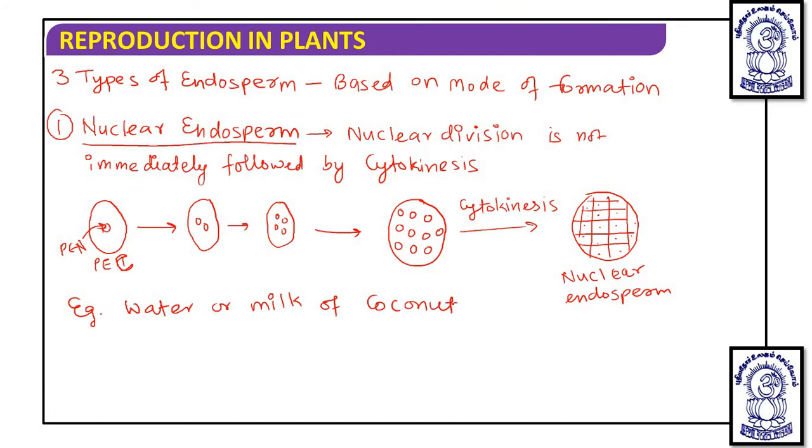This milk of coconut is in a multinucleated condition, and it is liquid in state, so it is also known as liquid syncytium. And this nuclear endosperm is the most common type of endosperm.